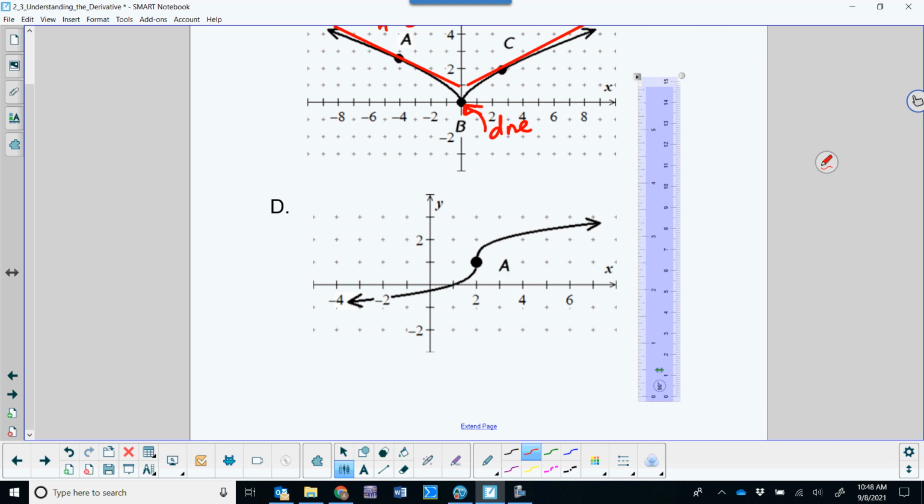We would just keep getting steeper and steeper, and the same thing would happen coming from this side. And so you would end up with a line that is vertical. So that means the slope at this point does not exist. And remember, don't put equals does not exist. We can't do that. Okay.